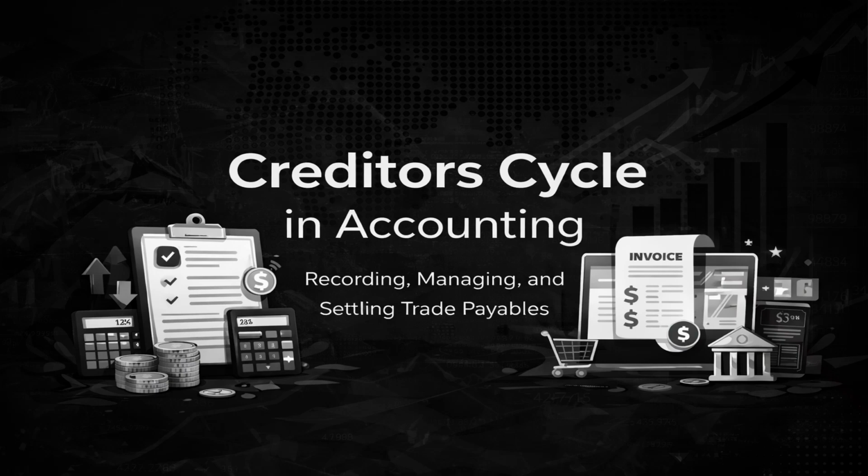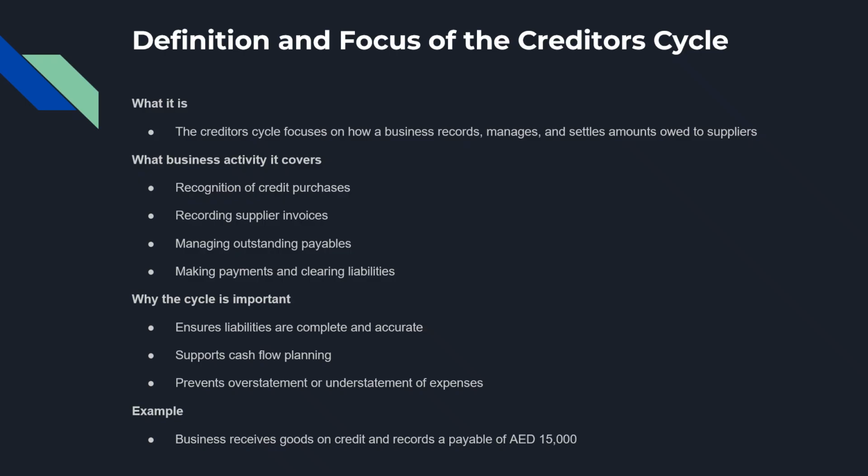Let's start with the definition. So the creditor cycle deals with the way a business handles amounts payable to suppliers. It covers activities such as identifying purchases made on credit, recording invoices received from suppliers, keeping track of unpaid balances, and eventually making payment.